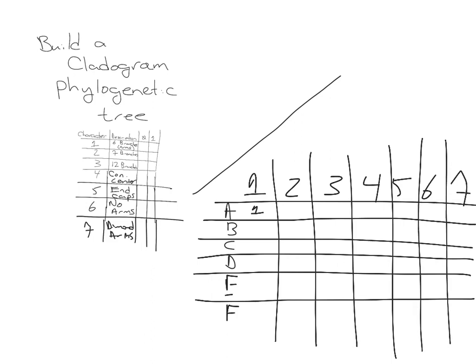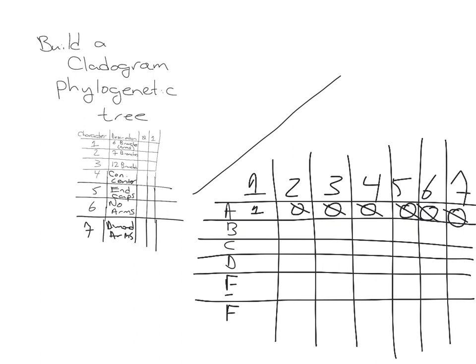So that's 1. Does A have character 2? No. So 0. Does A have character 3? Character 4? Character 5? No. Does A have character 6? Yes or no? No. 7?